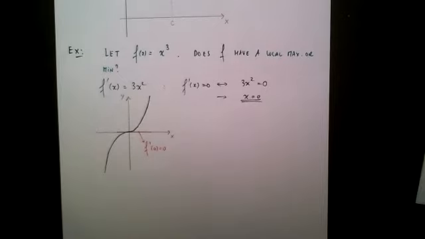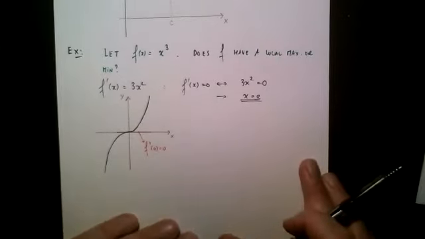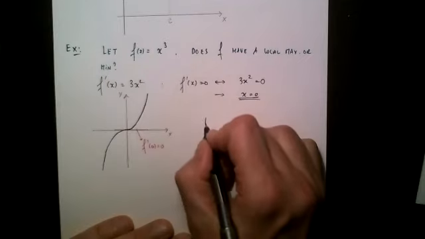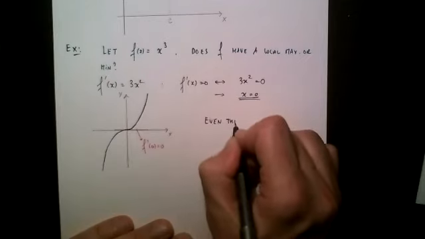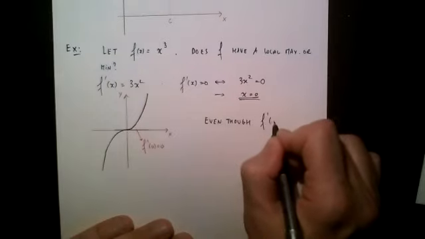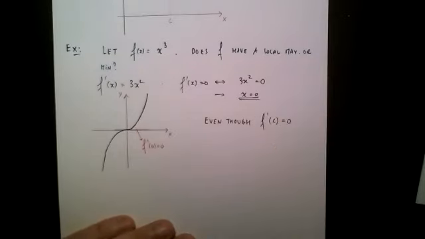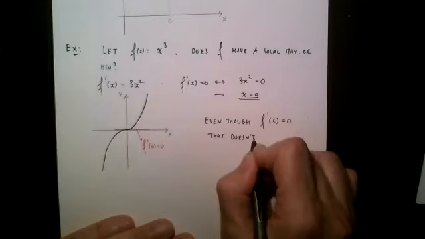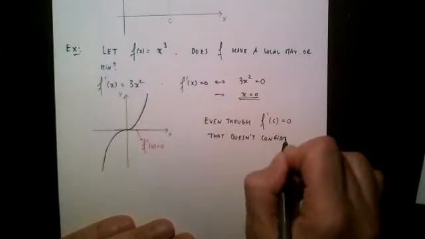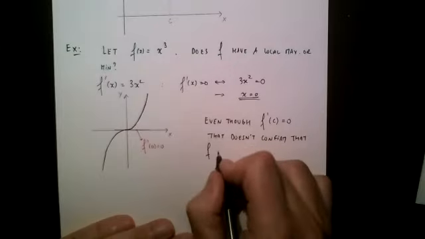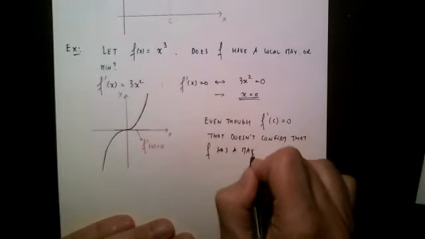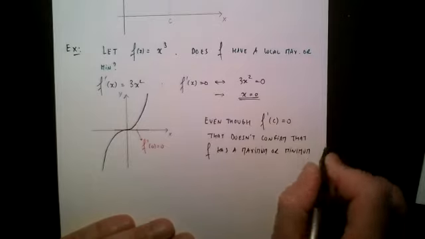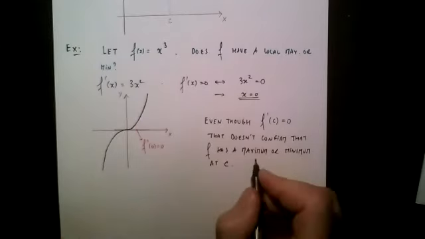Okay, so there's a lesson to be drawn from here. Even though f prime of c is 0, that doesn't confirm that f has a maximum or minimum at c.